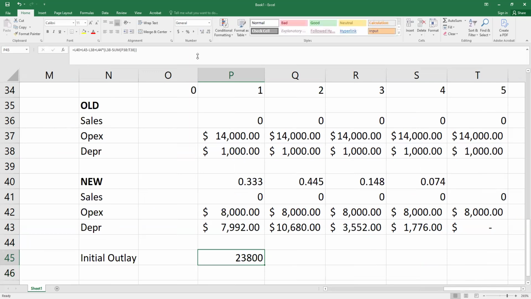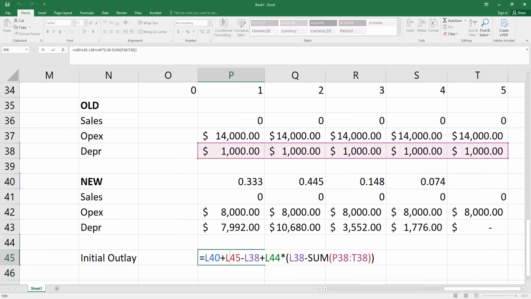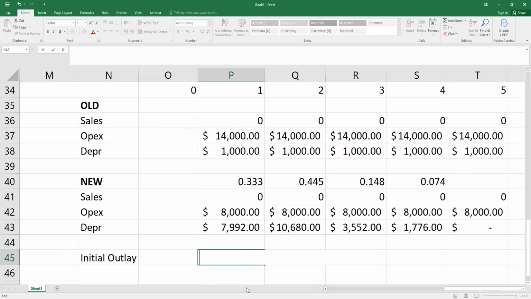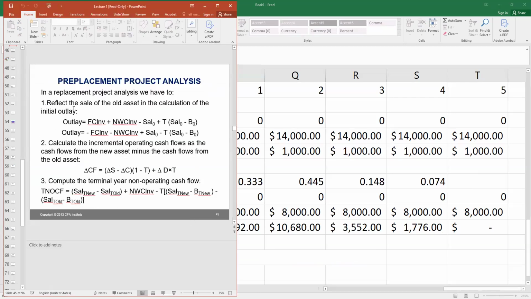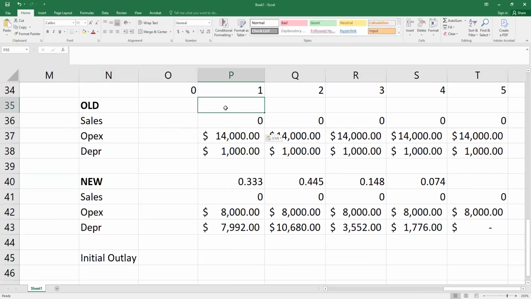Which calculations do you want me to show? This one? Do you want me to explain it again? Okay, I will delete it and do it again. I'm using the formula which is here, guys. I'll copy it and paste it here so that you can see it.